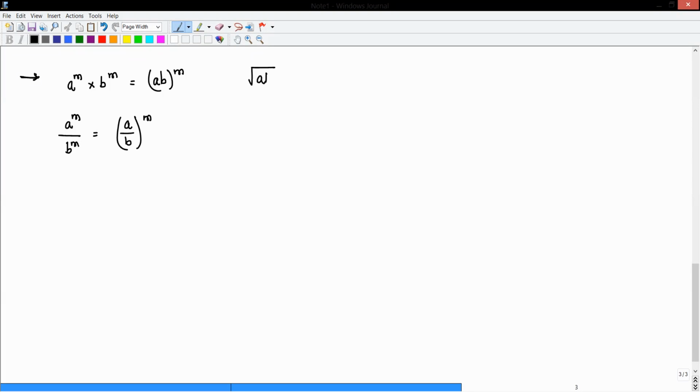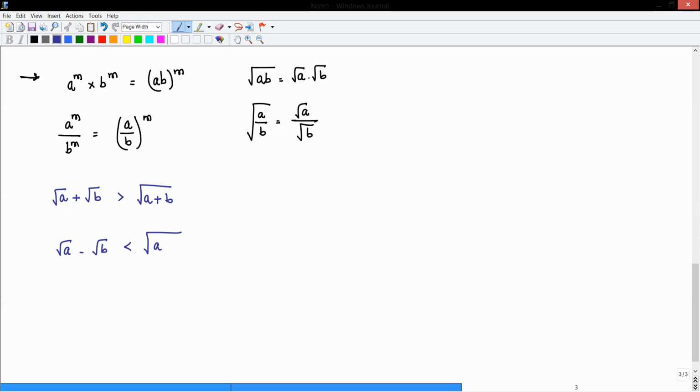If you have root of AB, you can write it as root A into root B, and root of A by B. Root of A plus root of B: for every A greater than B, it will always be greater, and both of them are positive.